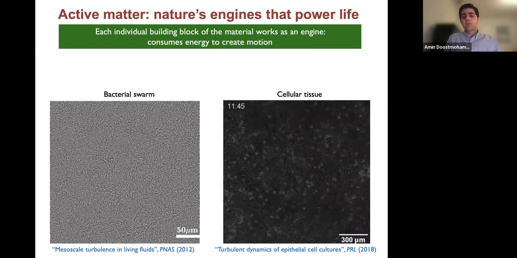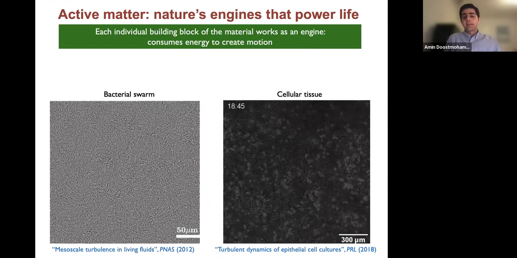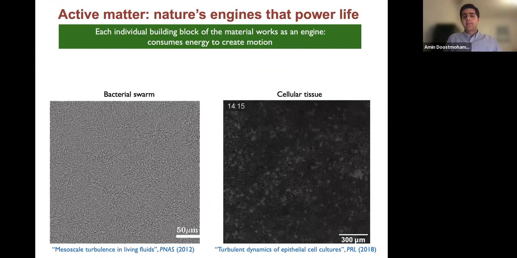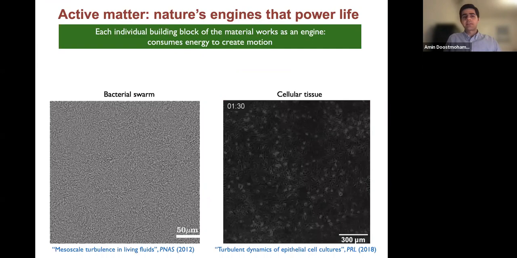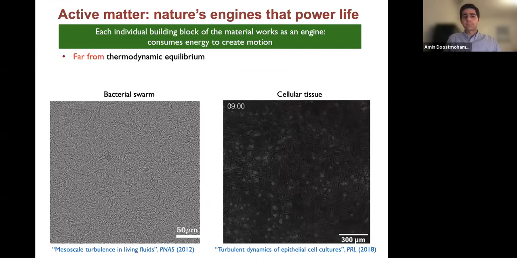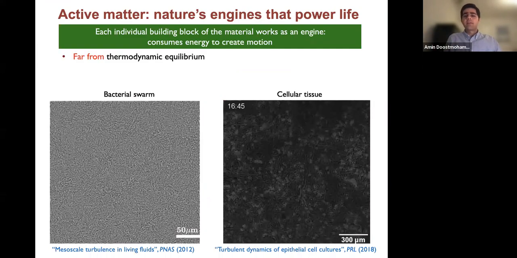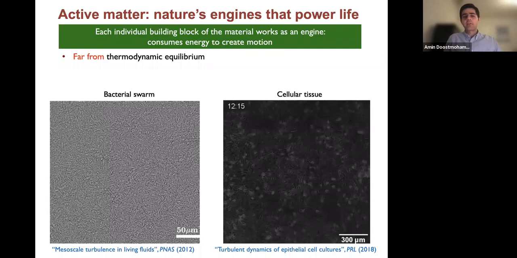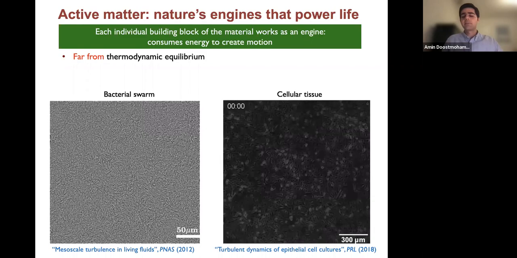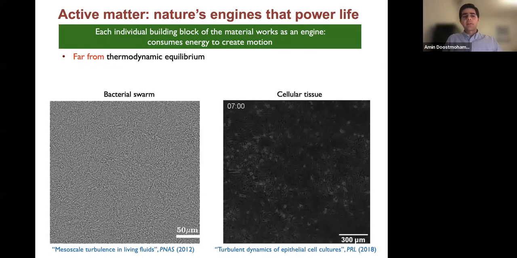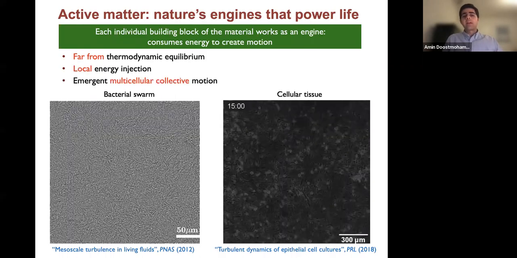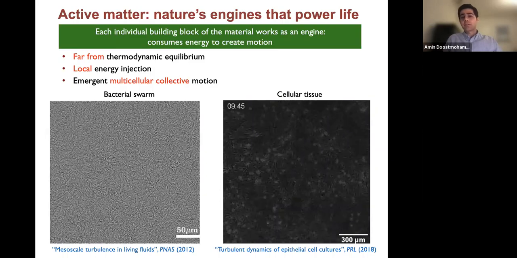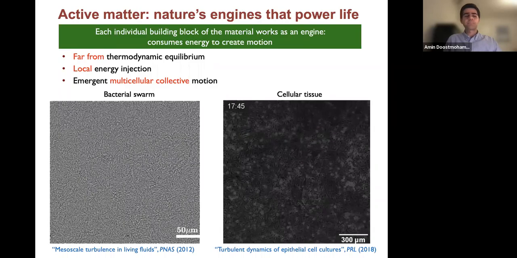And the common feature in all this is that the energy injection happens locally at the level of individual particles that are driving this system. And by this local injection, at the level of individual bacteria or the individual cell, these systems are constantly driven out of thermodynamic equilibrium, and they are able to create patterns on scales that are much larger than the scale of the individual.